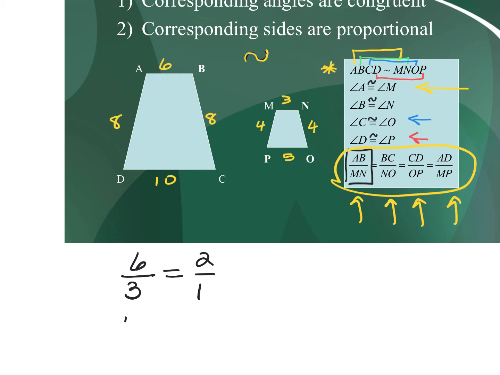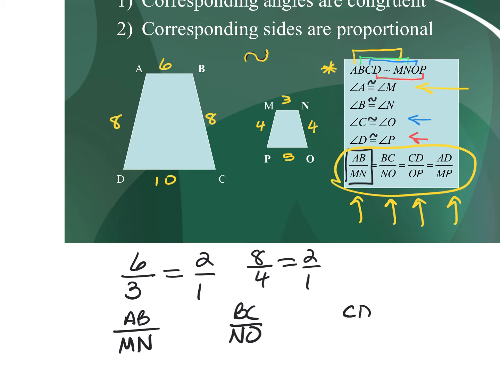Then, this one was the AB over MN. And then if I do the next one, BC over NO, BC is 8, NO is 4. It also simplifies 2 to 1.